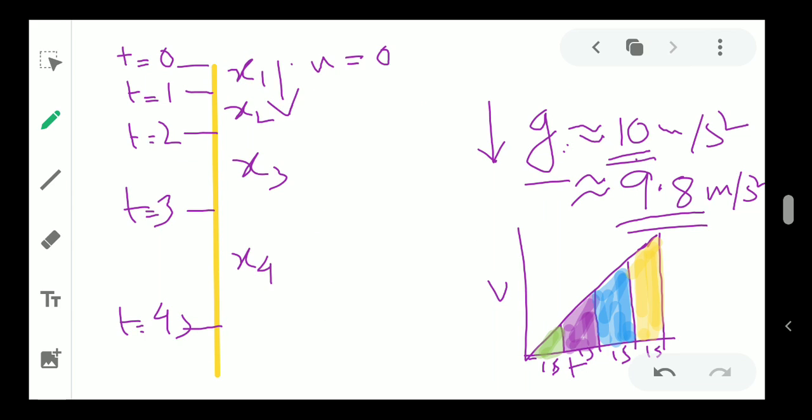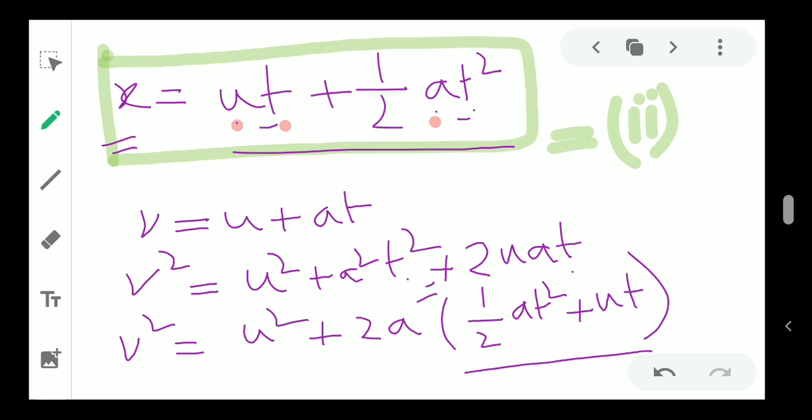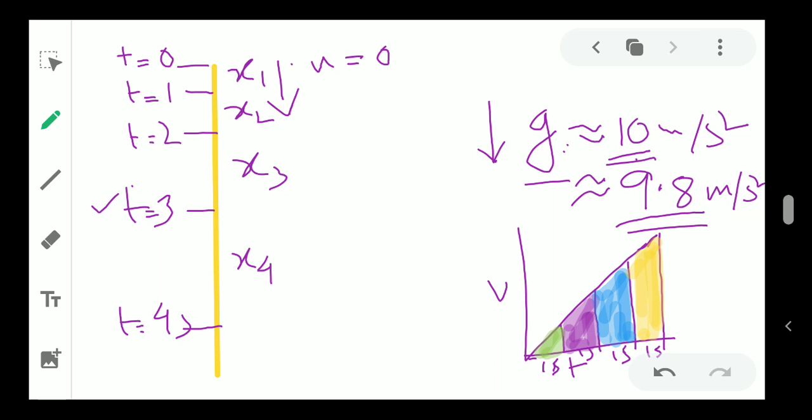Now if I want to find my total distance till time t3, I just have to use this formula. If I put t equal to 3 seconds, a equal to g, and u equal to 0, I can easily calculate x. But if I ask what is x3, that means how much distance is covered in the third second, from t equal to 2 seconds to t equal to 3 seconds.